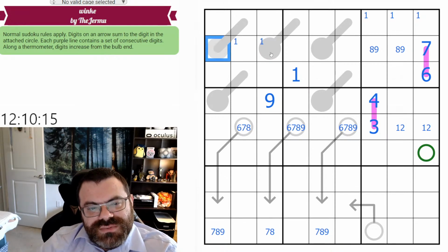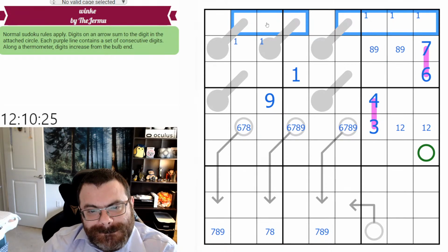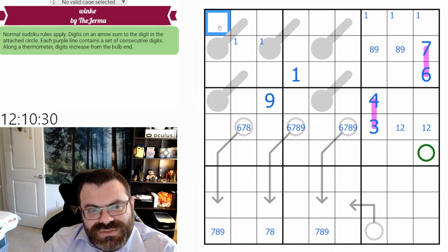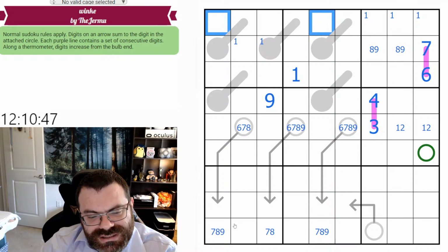Ah, interesting. These bulbs can't be 8, so these tips can't be 9. These can't be 9. This can't be 9. There's still 2 spots for 9 in this row. Darn it. Ah, and that lines up with the 9s and the 7, 8, 9 triple.